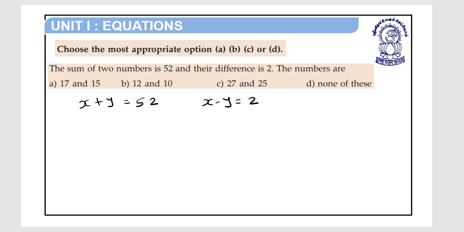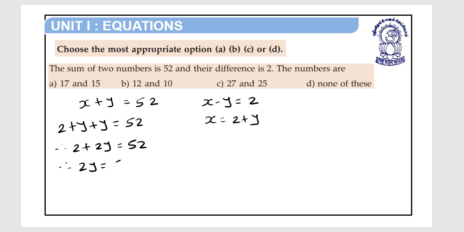Here x is equal to 2 plus y. So put the value of x into this equation. 2 plus y plus y is equal to 52. 2 plus 2y is equal to 52. So 2y is equal to 52 minus 2, which is 50.